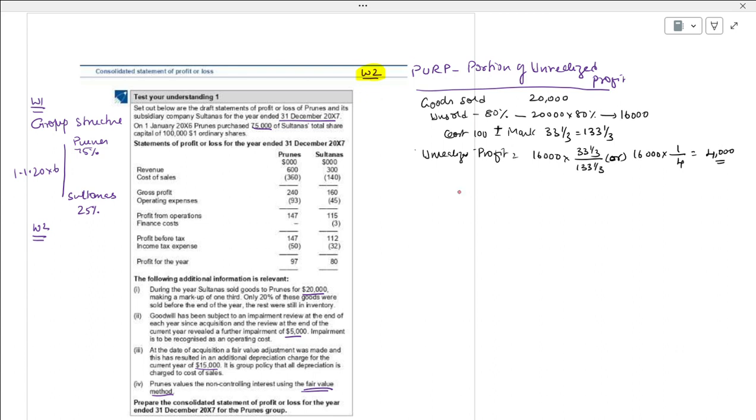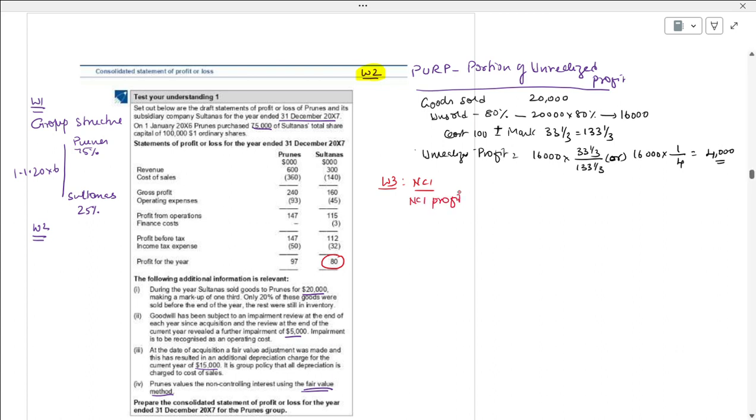Next, what you have to do is working 3, with respect to NCI. What is the NCI? How much is the profit of NCI? The profit of the subsidiary for the year. NCI means subsidiary; the accounting name for a subsidiary is NCI. What is the NCI profit?